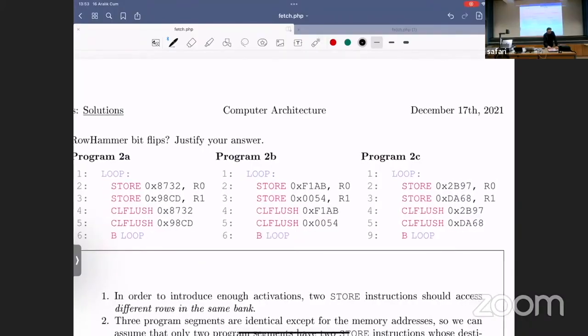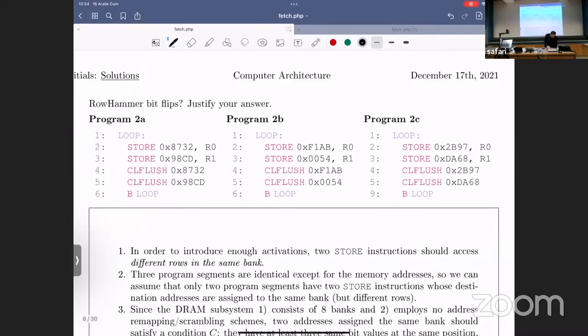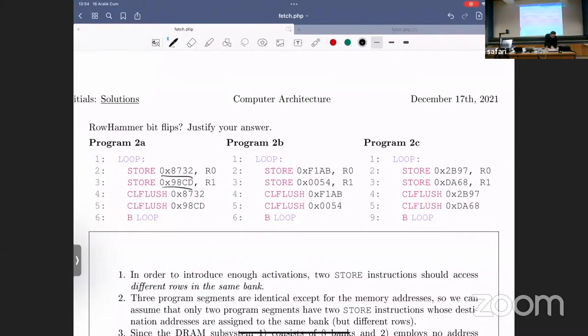So again, we have these codes here, very similar to the one you saw earlier. Here, we are accessing different addresses in these three programs, if you notice. So we can just focus on these addresses and see what is different, right? This is in hexadecimal format, so we need to convert them to binary and see which address bits they have.